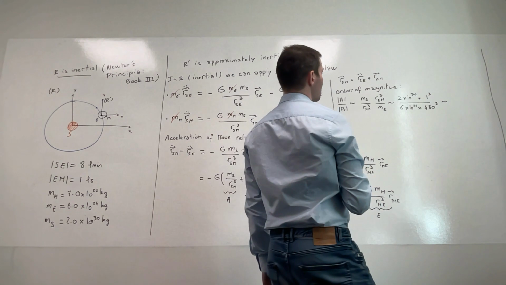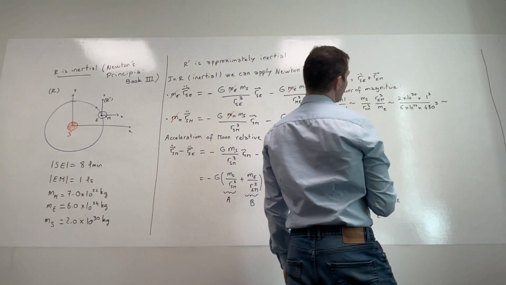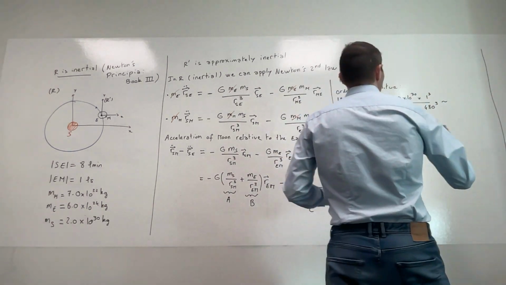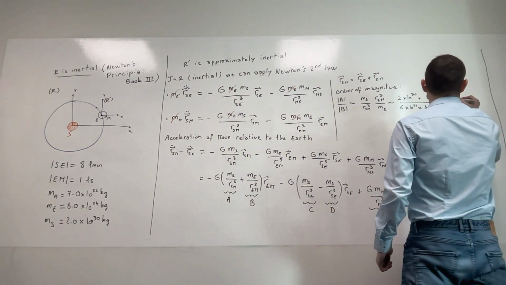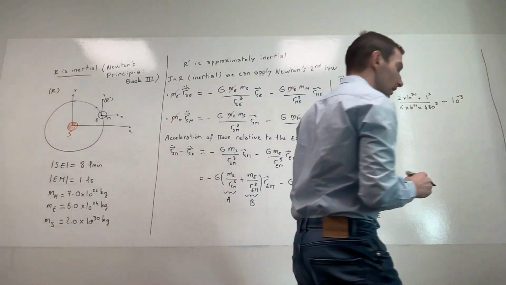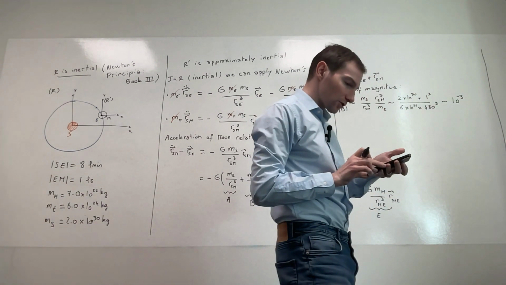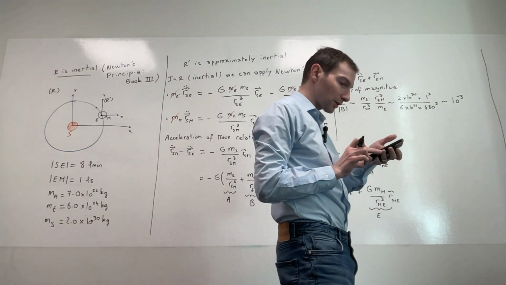And what this is equal to, let's say this is basically 10 to the minus 3 in terms of order of magnitude. Okay, so the next one that I looked at was, again, just plugging in numbers so that it goes faster.